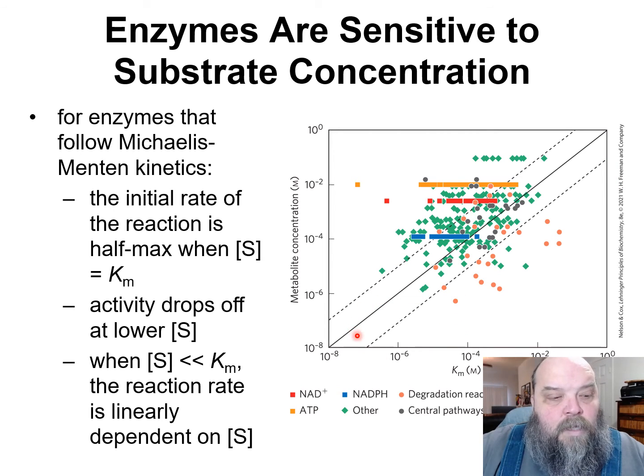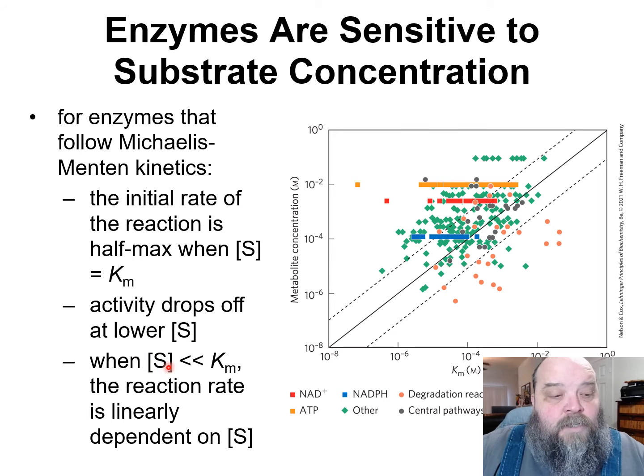But if you come closer and closer to the beginning and look at what's happening at the smaller concentrations below Km, you'll see that the activity drops off the lower the substrate concentration because the enzyme hasn't reached peak yet. So we're below Km, because remember Km is half of the Vmax.